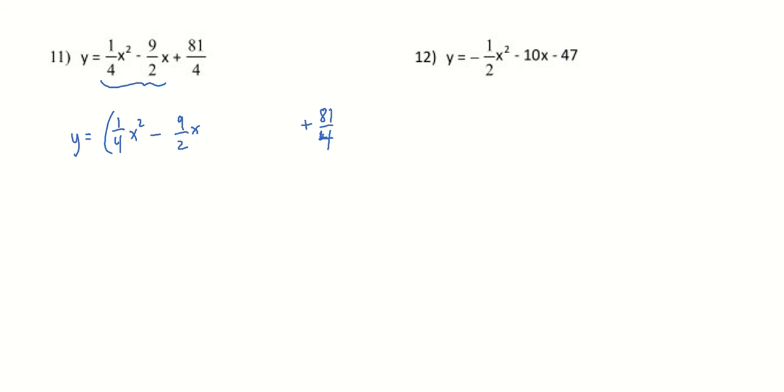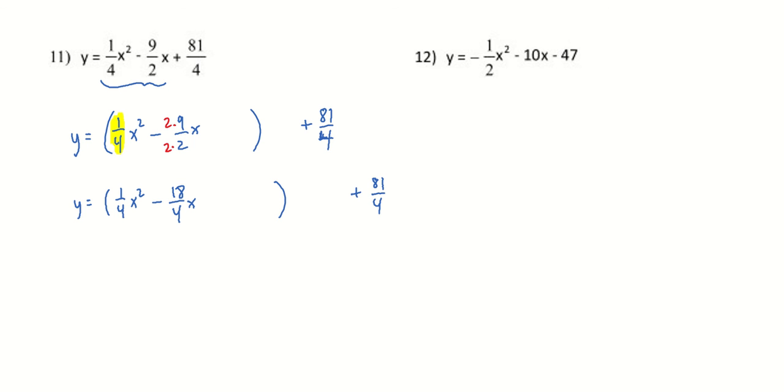We want to group these together and factor out the leading coefficient. We need to take a quarter out of both of those terms. That's going to be way easier if both of the denominators are 4, so let's have common denominators. So y is equal to 1/4 x squared minus 18/4 x plus 81/4.